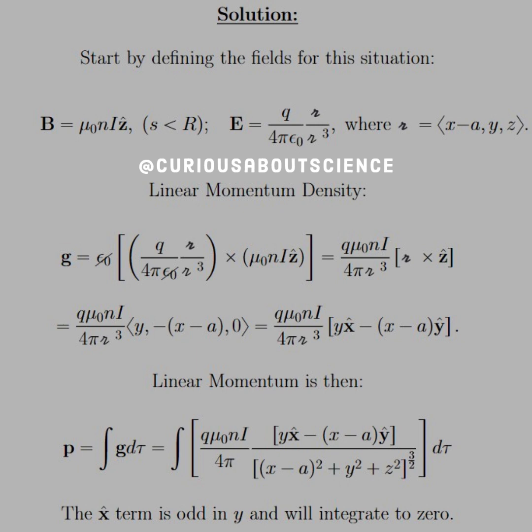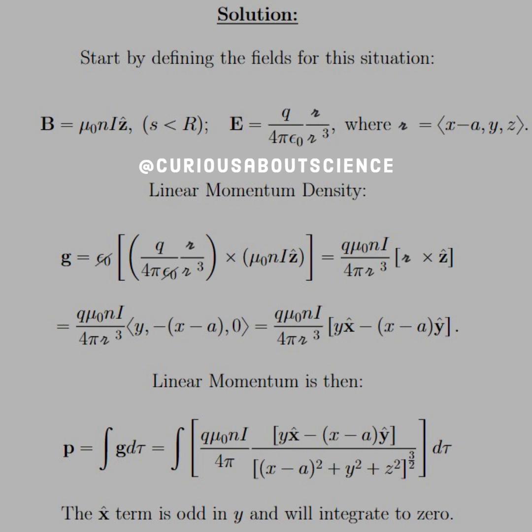Okay, so then what we need to know is the linear momentum density, which we get by plugging everything in and canceling out the epsilons, and what we're left with is script R vector cross z hat. If we take the cross product with this R vector, we get y, minus (x minus A), and 0.